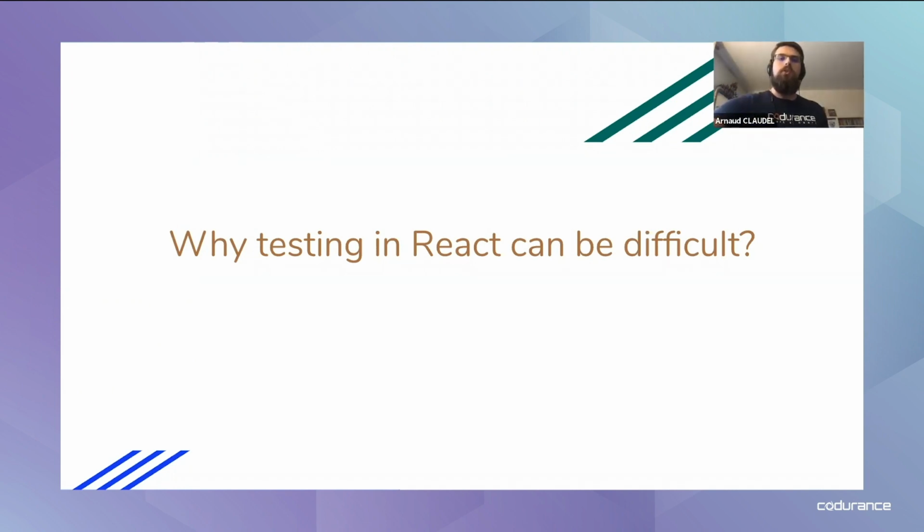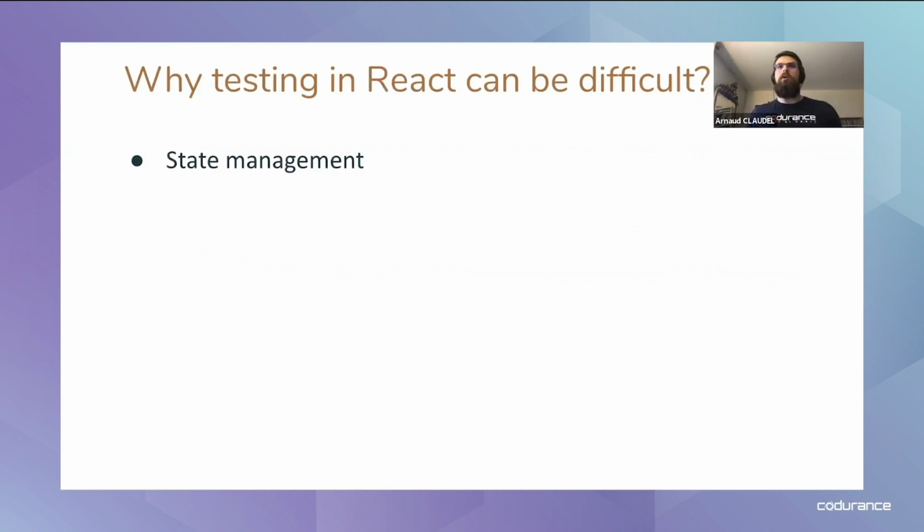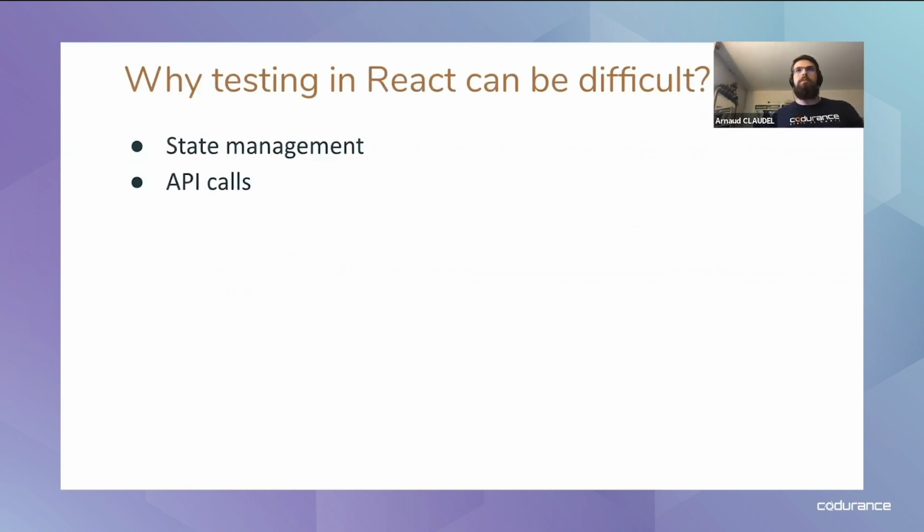So I took a step back and asked myself, OK, what's in a React application? Well, we have some states. React is known for its states. We have some API calls, for example, when we need to populate these states. We need to process some data back from the API in order to put it in the states.